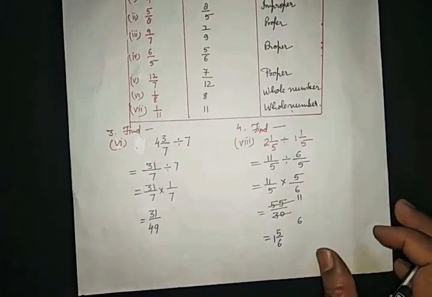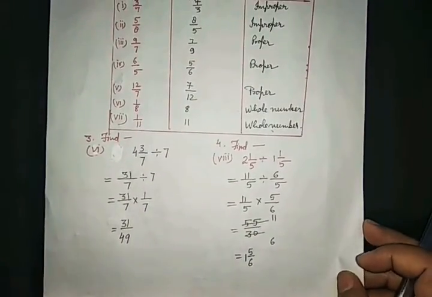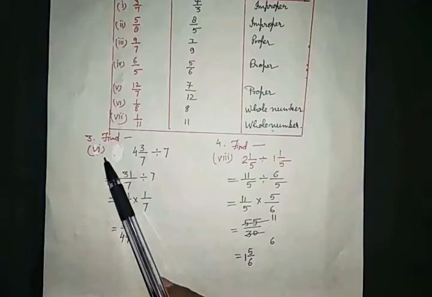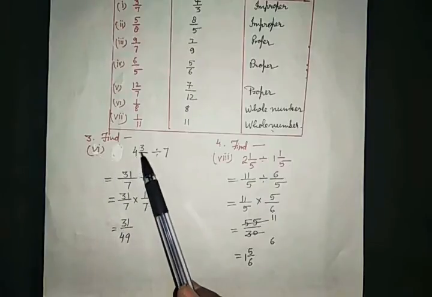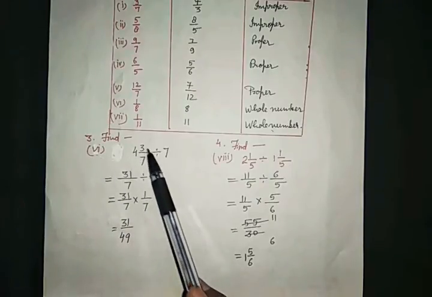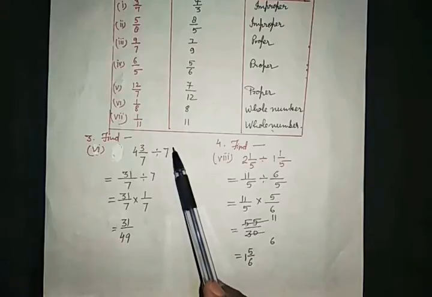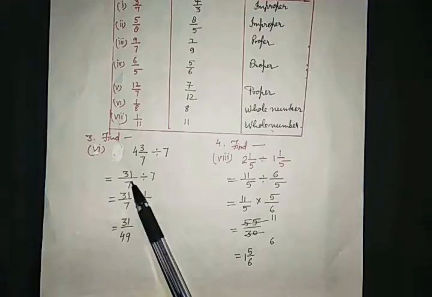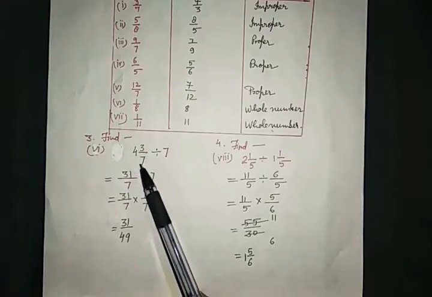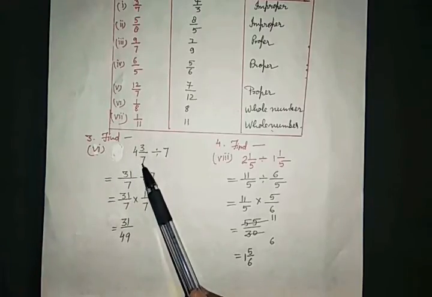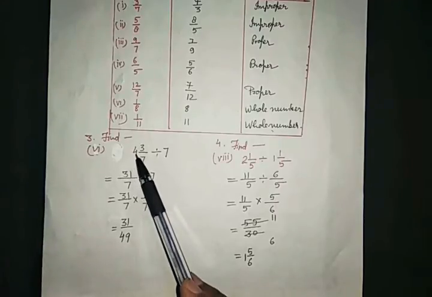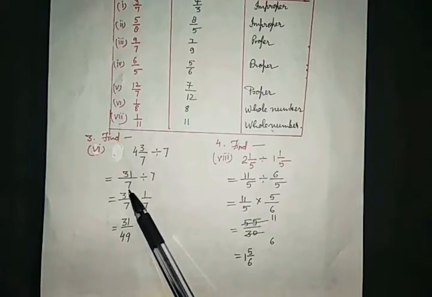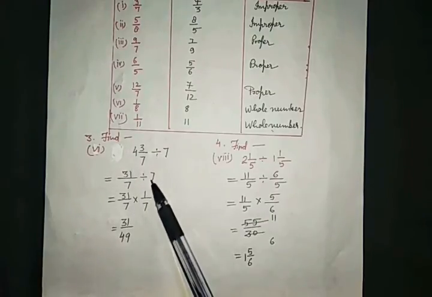Now, you see question number 3, sixth part. Here you have to divide a mixed fraction by a whole number. The mixed fraction you will change into an improper fraction. 4 whole 3 by 7: 7 into 4 is 28, plus 3 is 31. So 31 upon 7 divided by 7.